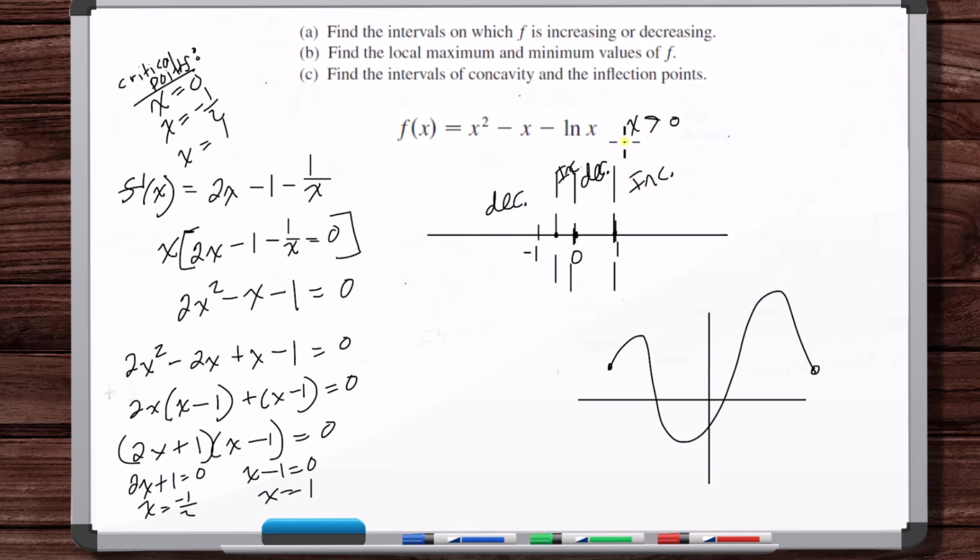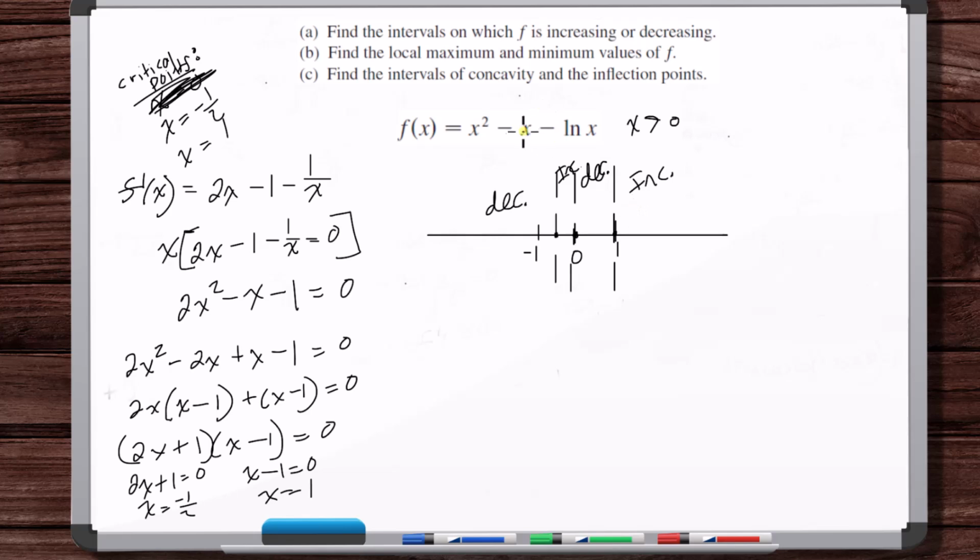You remember that? x is equal to 0 is an endpoint. Think about the graph of the natural log of x. It's like this. x is equal to 0 is not a critical point. It's outside of the domain. For the natural log of x, the derivative doesn't exist for the entire negative domain, but those are not all critical points. No. So in that case, this is not a critical point.